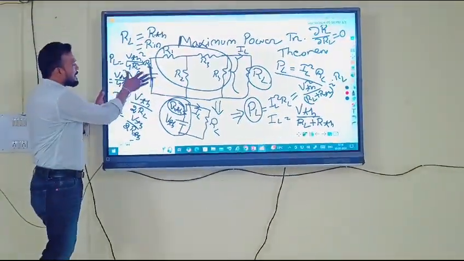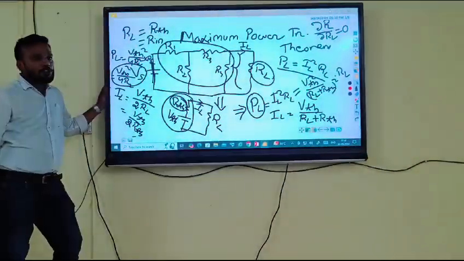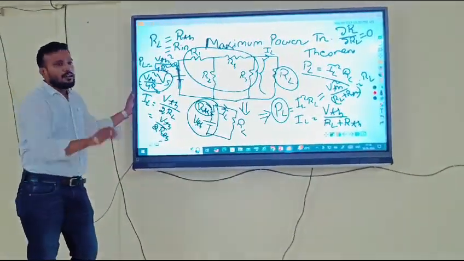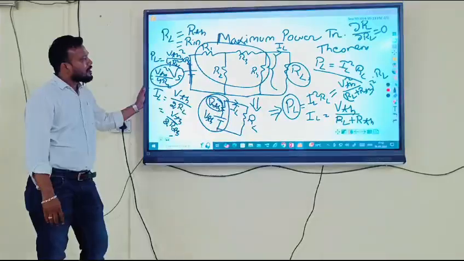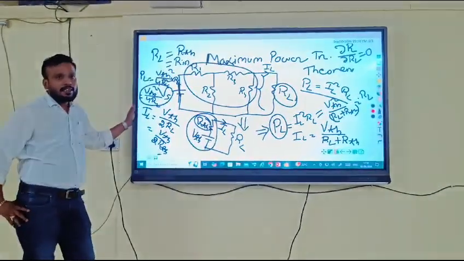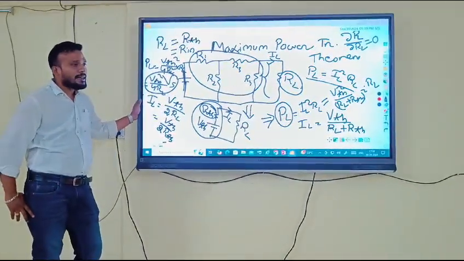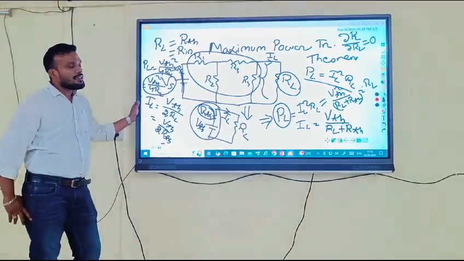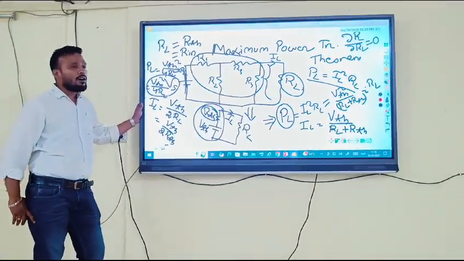It is the maximum power that can be consumed in a load connected to a network of internal resistances, where the value of RL equals the internal resistance of the circuit or Thevenin circuit.